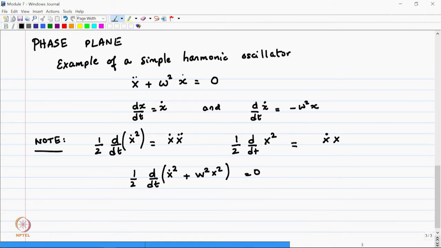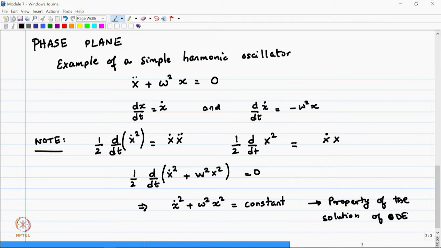So by using the property of this differential equation, we can write an expression like this, and what this tells you is that x dot square plus omega square x square is equal to a constant. This is a property of the solution. This is not the solution of the differential equation, but you know that the solution will satisfy this property.